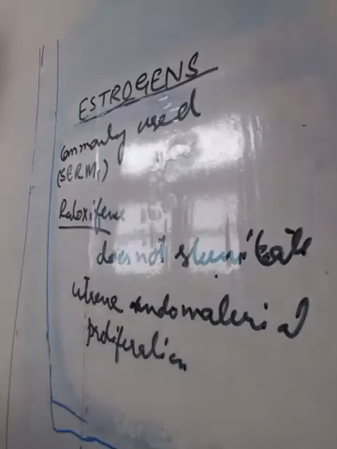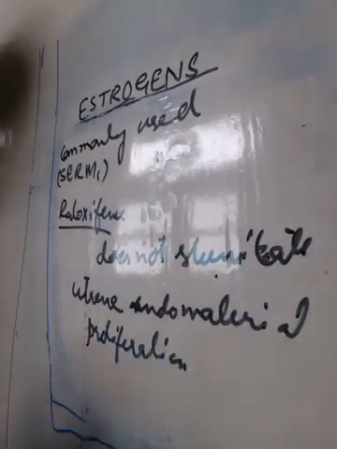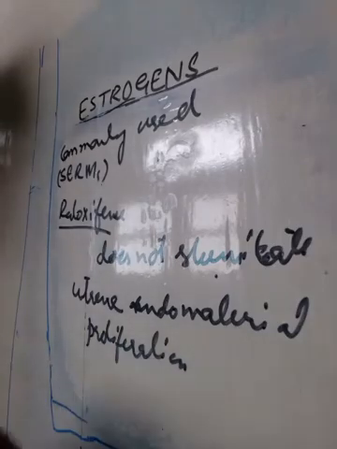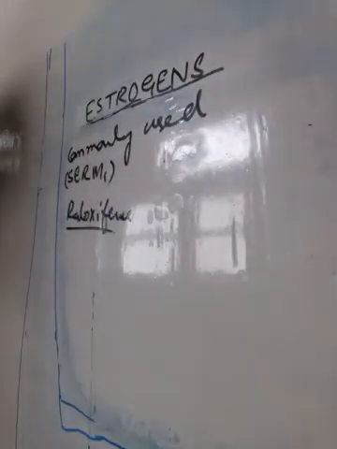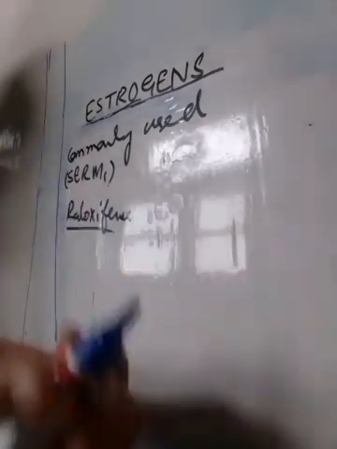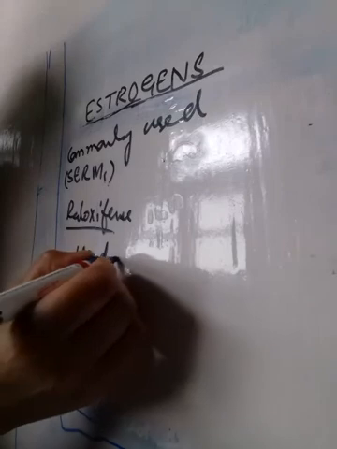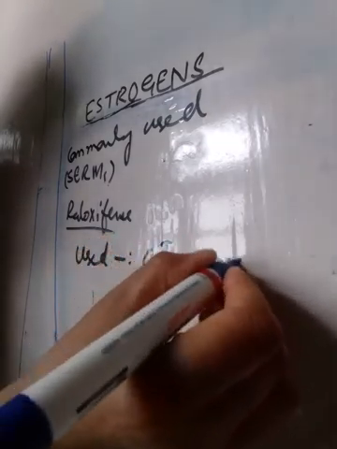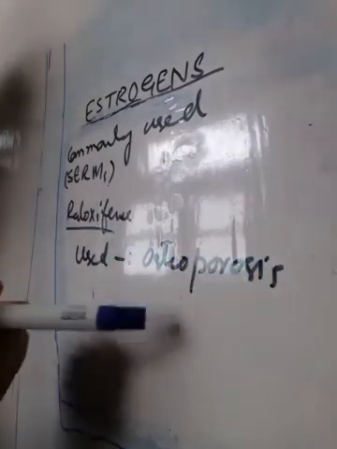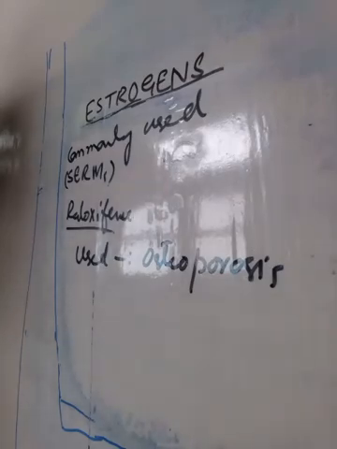That is the difference. Raloxifene is used in the prevention of postmenopausal osteoporosis. When there is postmenopausal osteoporosis, we give them raloxifene.